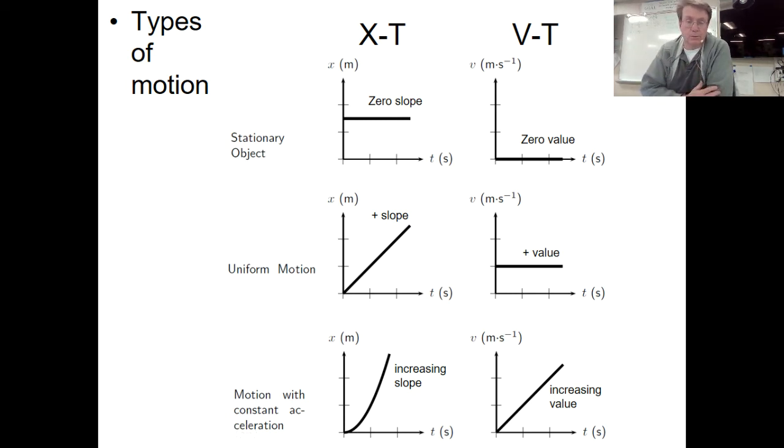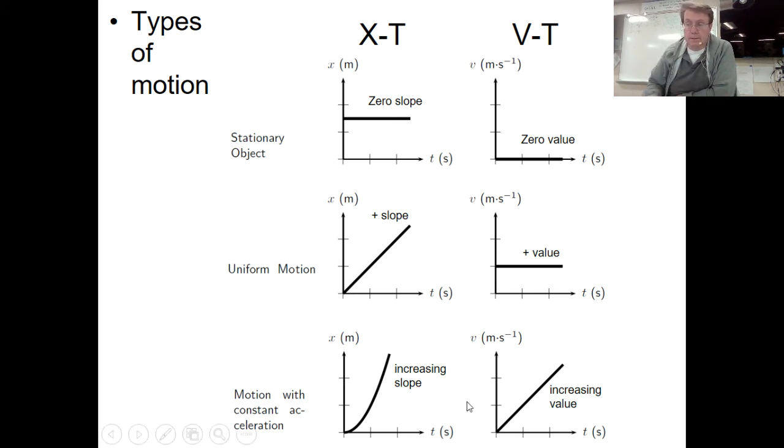Now the very last graph is for the next unit where we're doing accelerations. So the only time you're going to see a curve in a position time graph is if the object is speeding up or slowing down. So you won't see curves this unit, but you will next unit. Now if you get a curved position time graph, then you're going to get a sloped, non-zero slope velocity time graph.